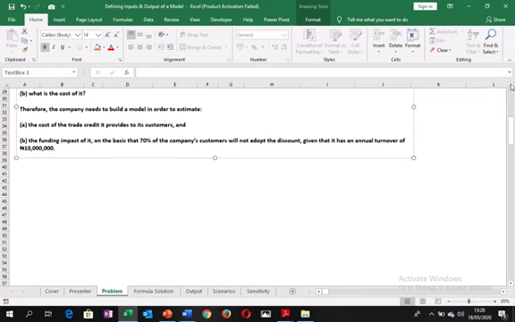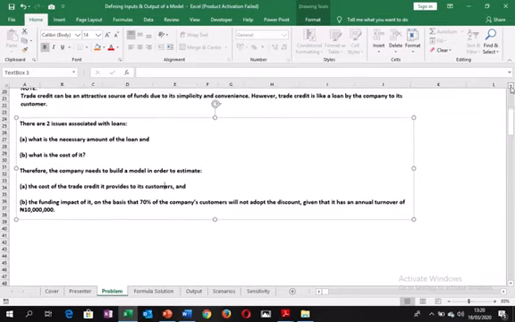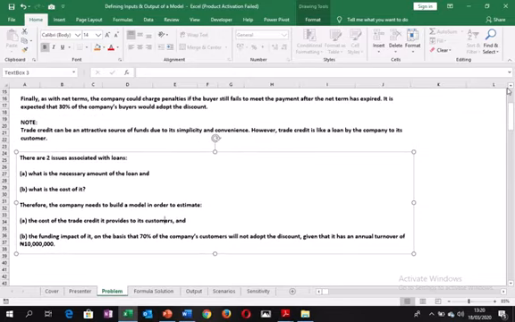Then, how many customers take up this discount? 30% of them. So 30% of customers take up this. This is another input. So when you identify the output, it is easy for you to identify the inputs. Then we also require the discount rate. So the discount rate is the 2%.